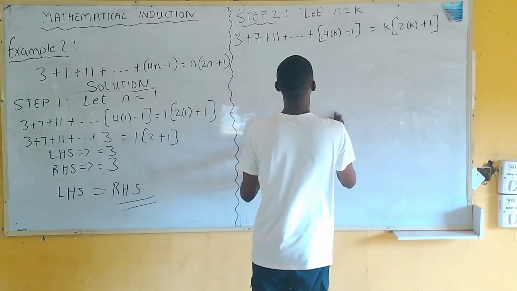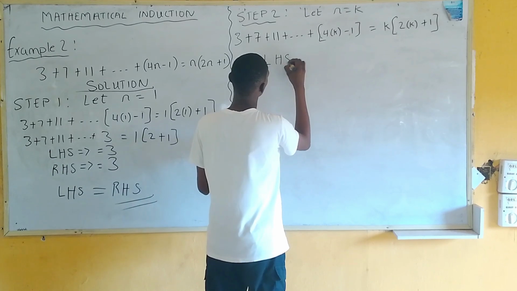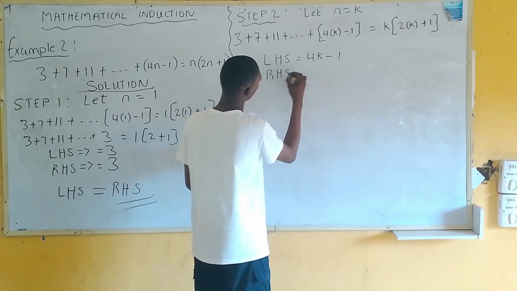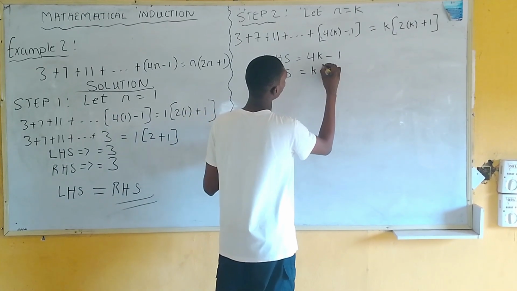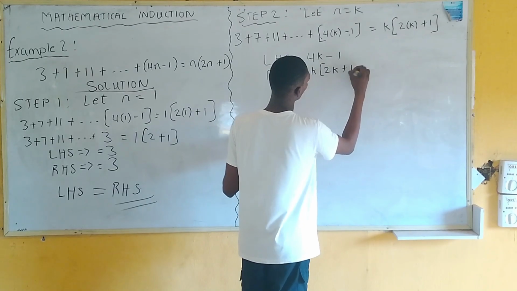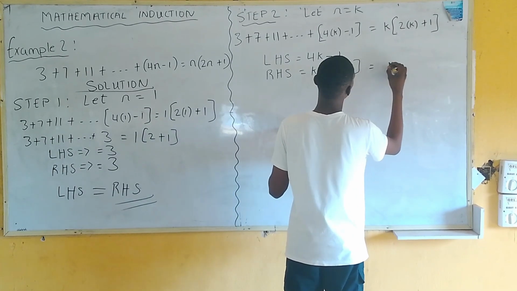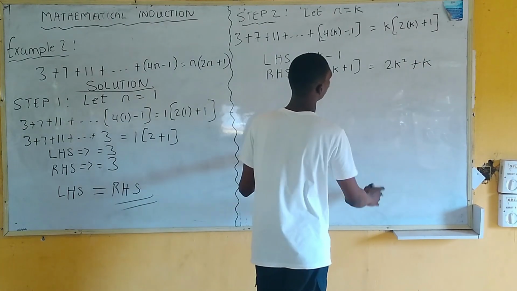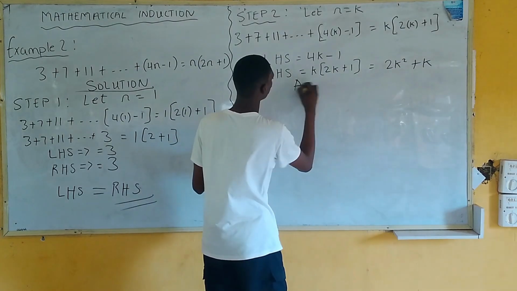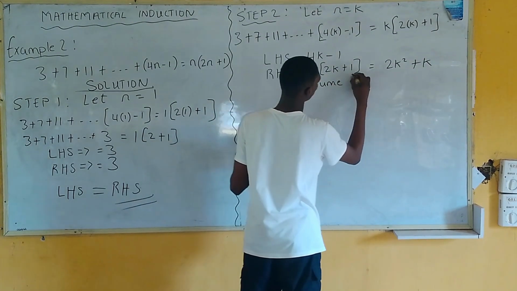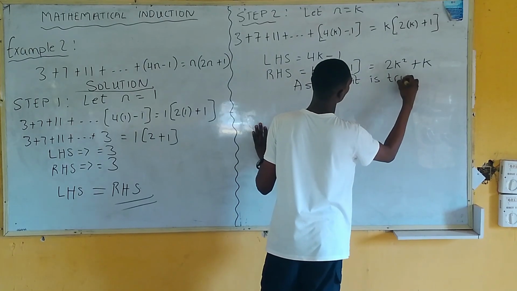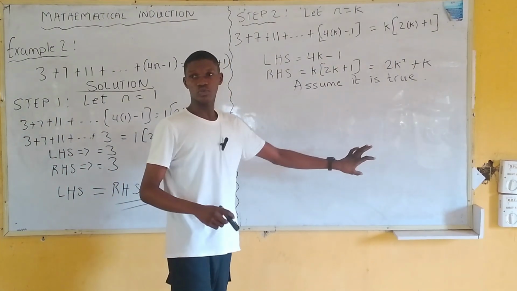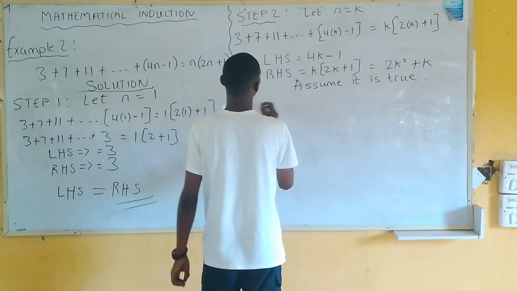Our left hand side is 4k minus 1. Our right hand side, k(2k plus 1), is equal to 2k square plus k. Assume it is true. So let's move on to step 3.